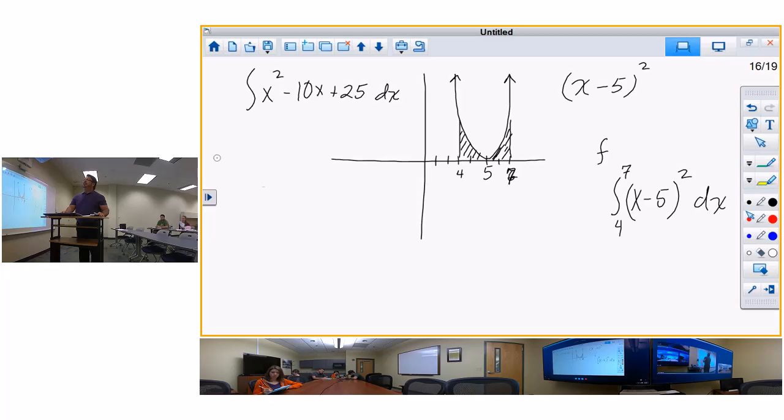And we're going to evaluate that at 4 and 7, or you can evaluate the antiderivative from 5 to 7 of x squared minus 10x plus 25 dx. I'm going to erase this.